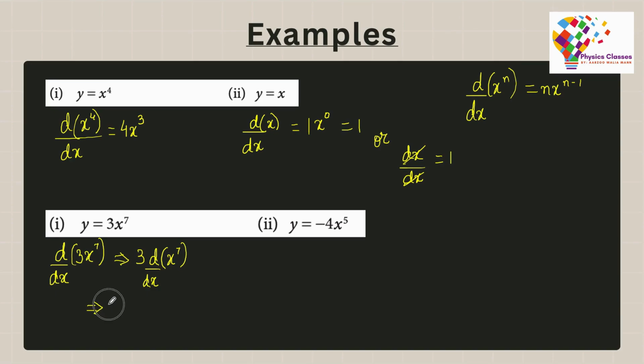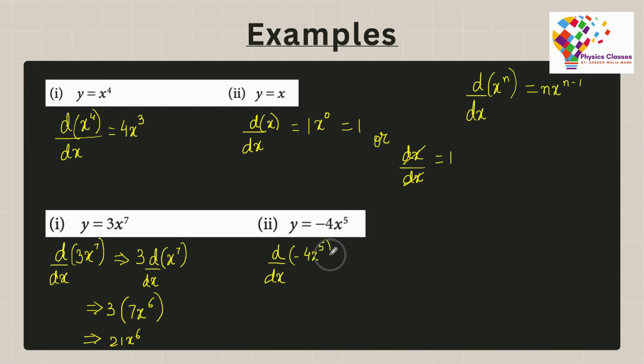It's in multiplication with the derivative of x to the power 7. So 3 into d by dx of x to the power 7. Now 3 remains the way it is. The differentiation of x to the power 7 using the power rule would be 7x to the power 6. So now 7 times 3 is 21. So 21x to the power 6 is my final answer.